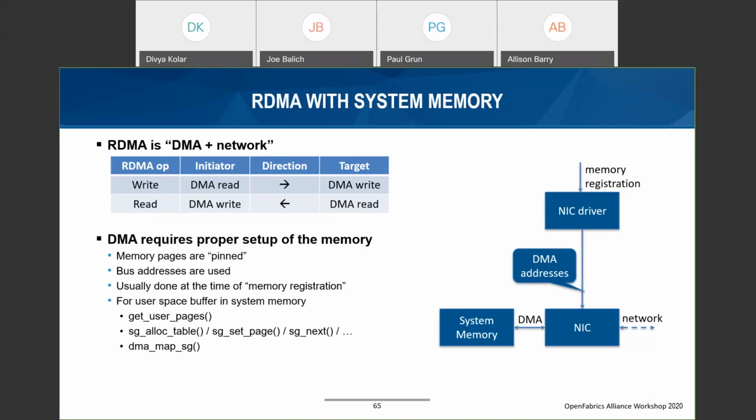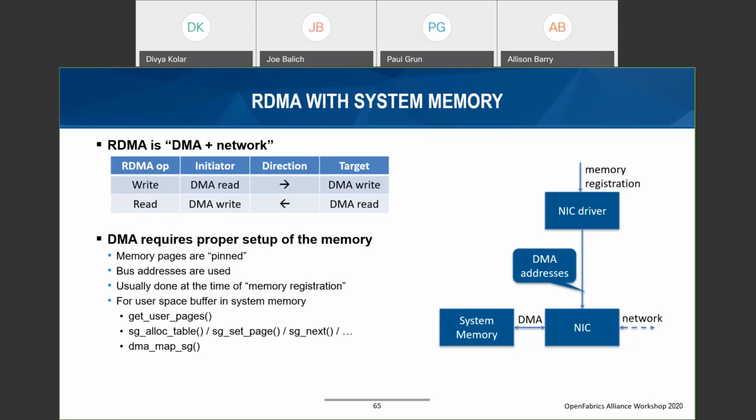In order to set up the DMA operation, the memory pages need to be pinned, so that while the DMA is in progress, the physical memory doesn't get used for a different purpose. The DMA operation needs to use the bus address, not the virtual address. This is usually done at the time of memory registration.